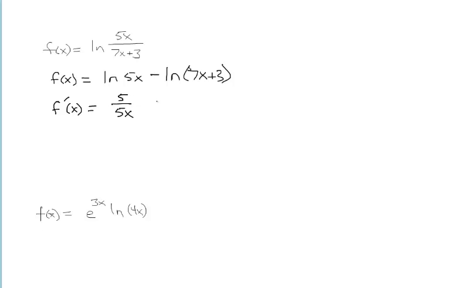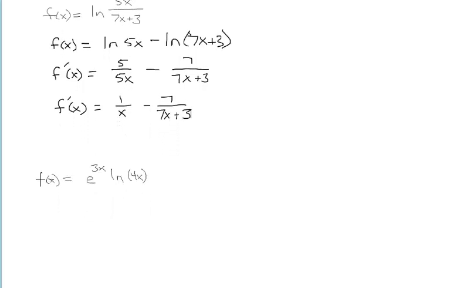And remember, we don't take derivatives through plus and minus signs, so we're just going to put our minus sign in there. And another fraction bar, 7x plus 3 in the bottom, and then the derivative of 7x plus 3 is 7, and that will go in the numerator. So we can simplify this and say that f prime of x is equal to 1 over x minus 7 over 7x plus 3.